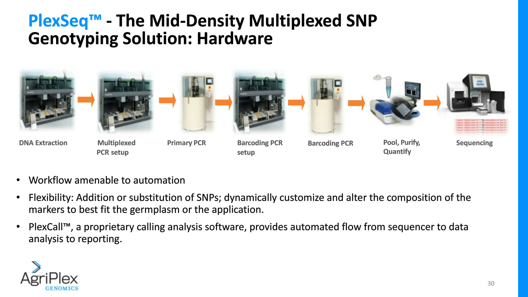So by that, it minimizes labor, time, and cost. The workflow is flexible and adaptable. We're talking here about molecular breeding. I will throw into the pile also seed quality assurance. And both of those large applications typically require genotyping a large number of individuals.